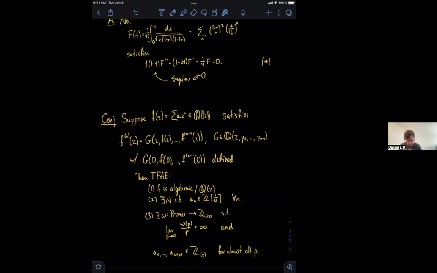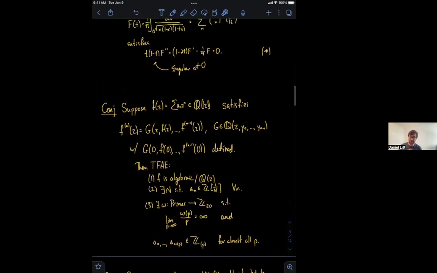Okay, so this is a fairly general form of an algebraic differential equation. And then I want to assume that the point I'm Taylor expanding around, namely 0, is a point where g is defined. So just to be explicit, g is the ratio of two polynomials, and I want the denominator not to vanish at this point. So what this is saying is that we're Taylor expanding around a non-singular point of the differential equation.